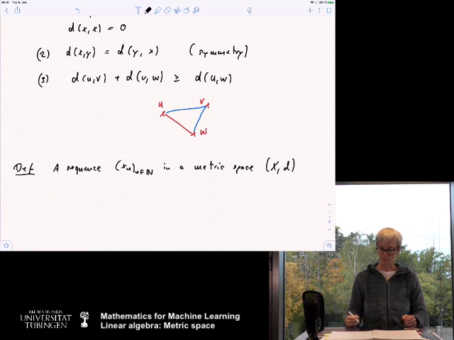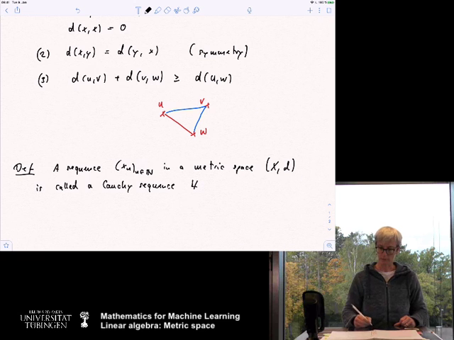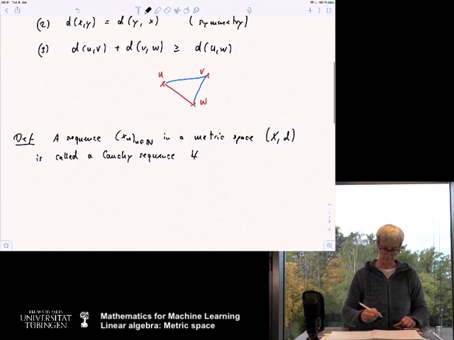So a sequence in a metric space (X, d) is called a Cauchy sequence if the following condition holds. I first write it down.